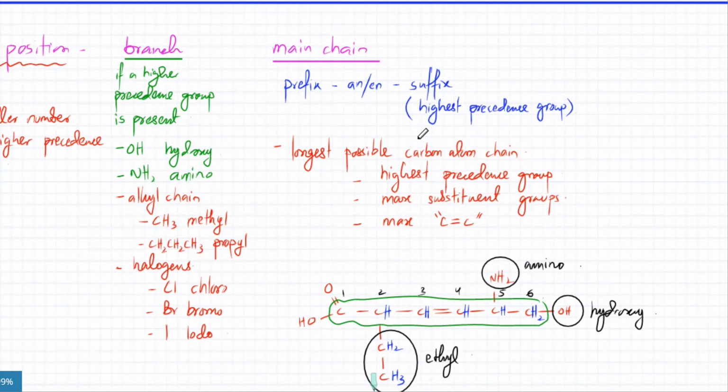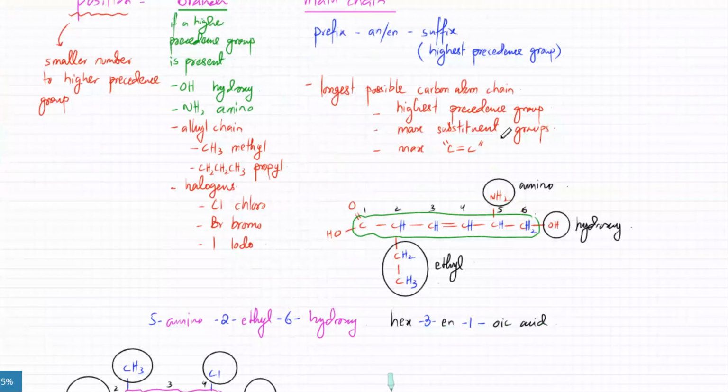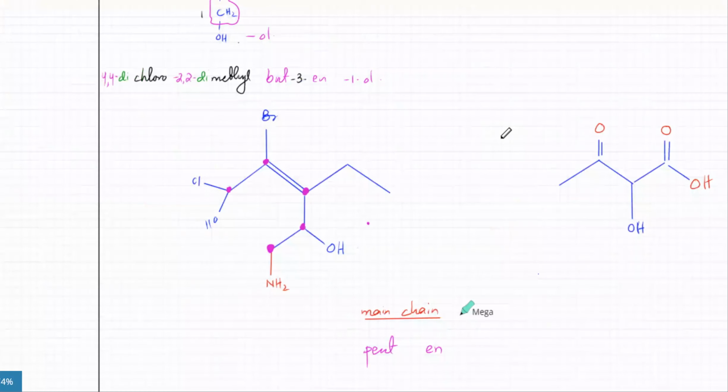So the longest possible carbon atom chain, which in this case I've marked as the main chain, has 1, 2, 3, 4, and 5 carbon atoms. Most substituent groups, double bonds, the alcohol and the amine are all attached over here.